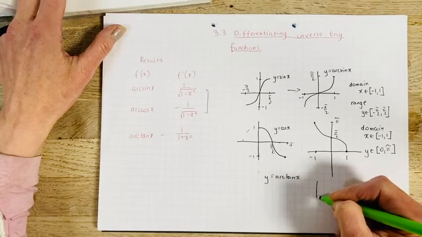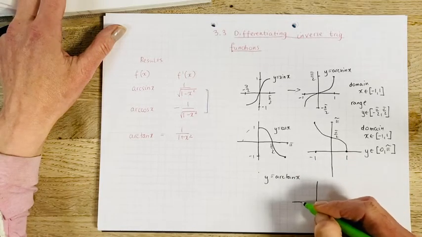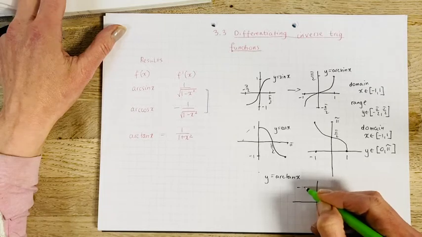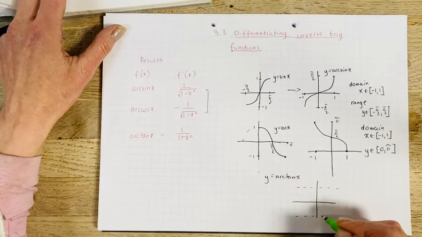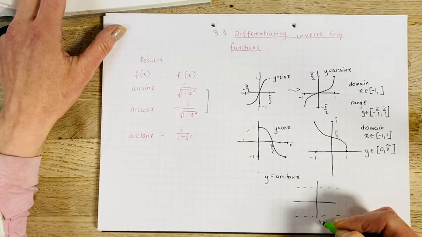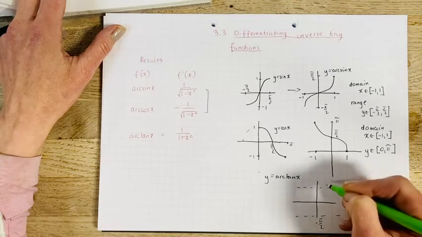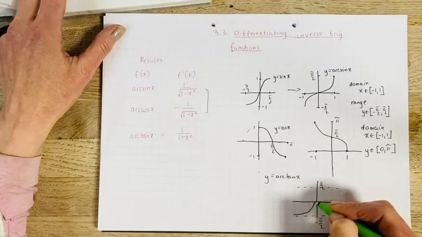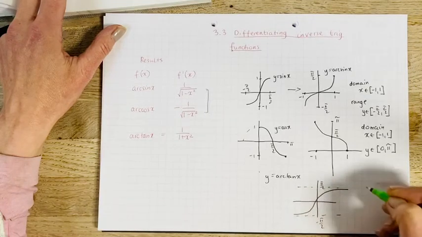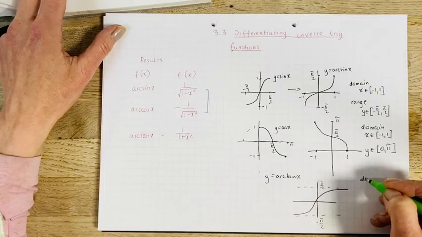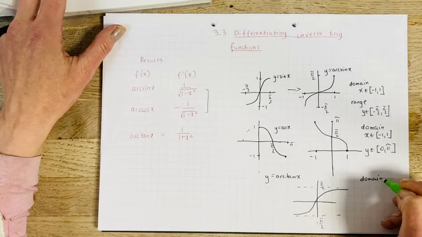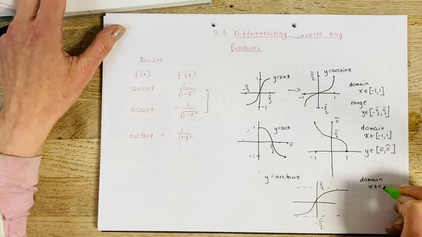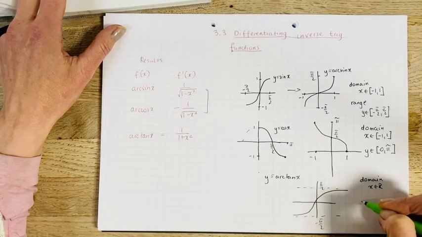The asymptotes used to be vertical, now they are horizontal, and they are at minus pi over 2 and pi over 2, and the graph looks like this. So the domain, you will have all the x's belonging to the real values, no restrictions.